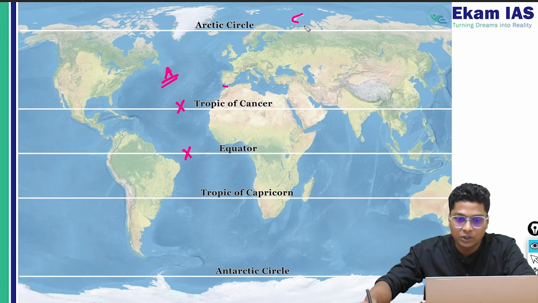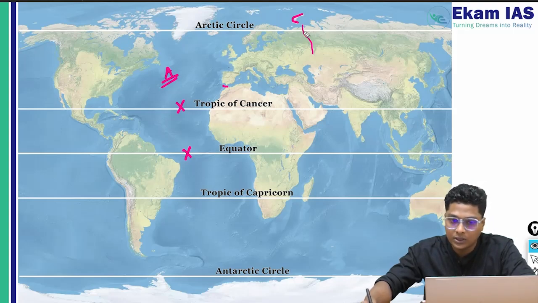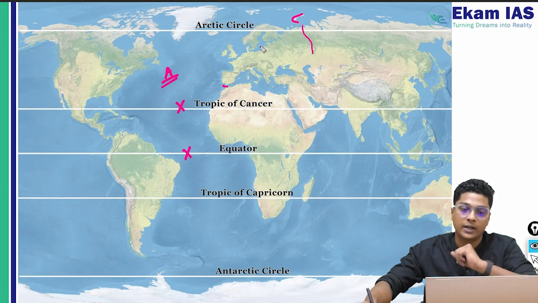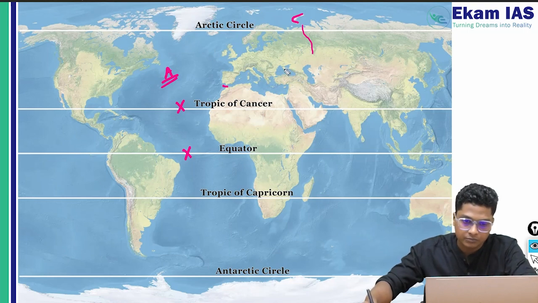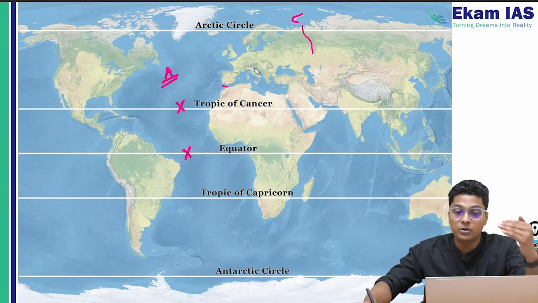Here we have the Ural Mountains, right? So from the westernmost portion of Europe all the way to the Ural Mountains, we have Europe, right? So this is the approximate extension of Europe, and this region is the Mediterranean Sea.